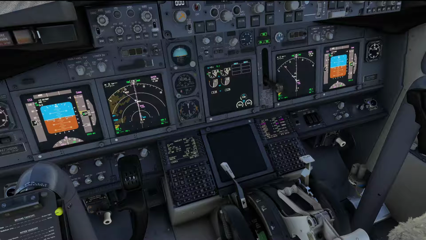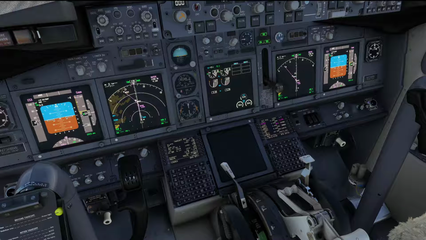So if we have a look, for example, at the 737-700, it has a tailstrike angle on takeoff of 14.7 degrees, while the 737-800 gives you only 11 degrees, and the 737-900 gives you 10 degrees of pitch where the tailstrike is going to occur on takeoff.